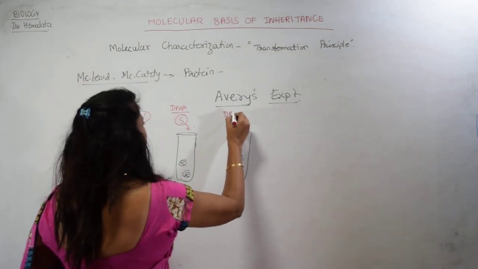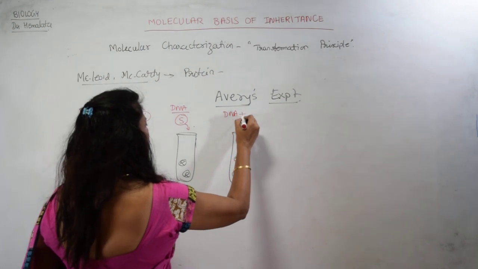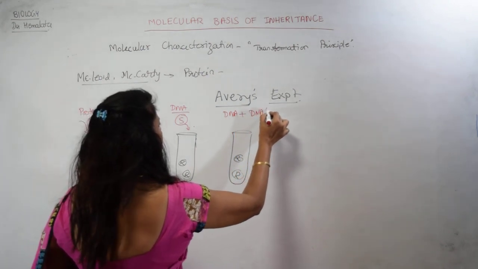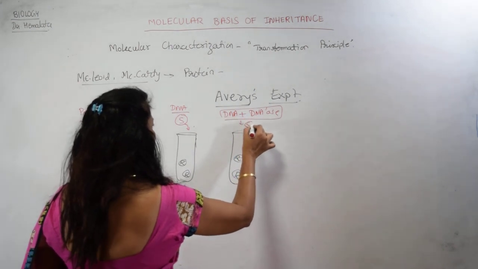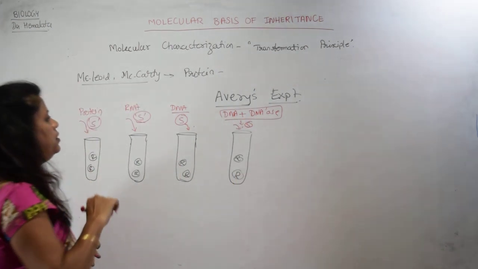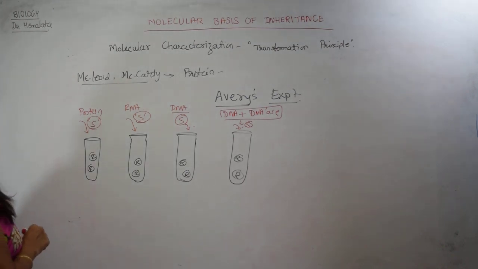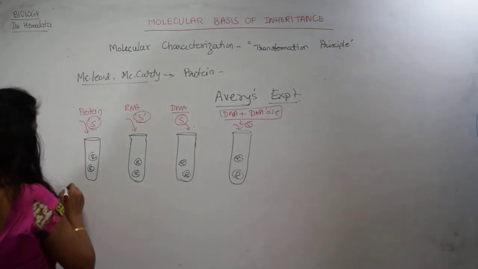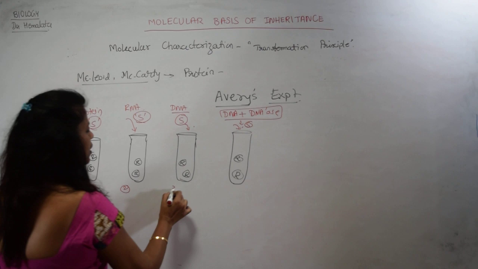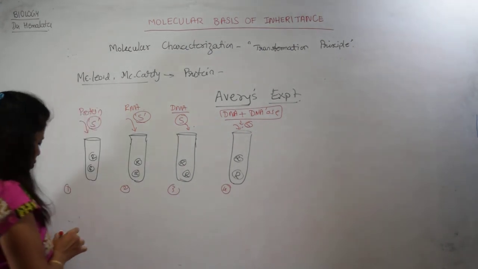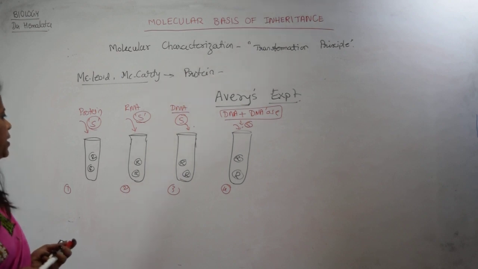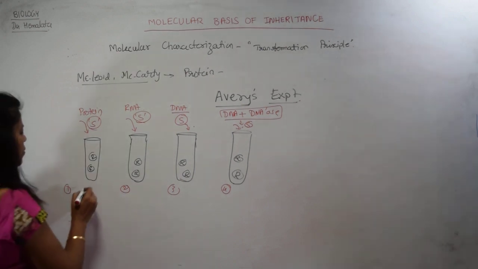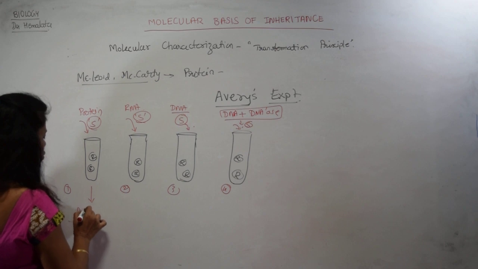To the last one they added DNA of S strain along with the enzyme DNase. See, 4 types of experiments. So what happened in the first one, when the proteins of the S strain were separated and added? They found no S strains.